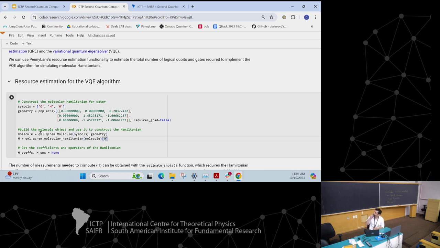Okay, so we have the Hamiltonian. We're going to get all of the coefficients of the Hamiltonian.